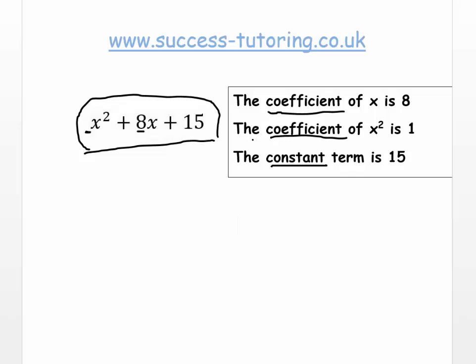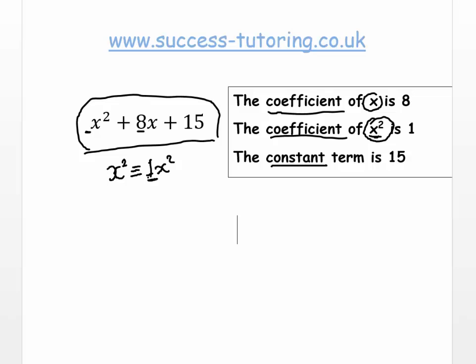Now, the next one here, the coefficient of x squared. Remember, these two terms are not the same. X squared is not the same as x. So the coefficient of x squared is 1. But you've noticed there's no number in front of it. The reason is because x squared is identical to 1x squared.